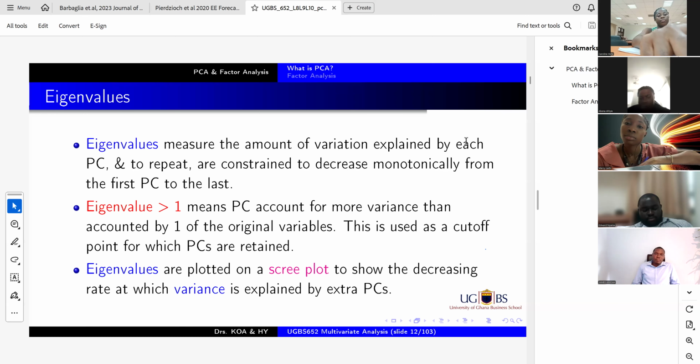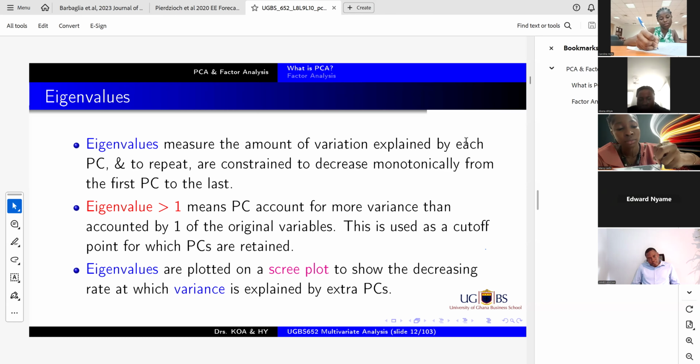The third one is contributing 15%. The eigenvalue should be greater than 1. The eigenvalues are plotted on a scree plot, and you see it going down, showing a monotonic decrease in the variance explained by each extra principal component.